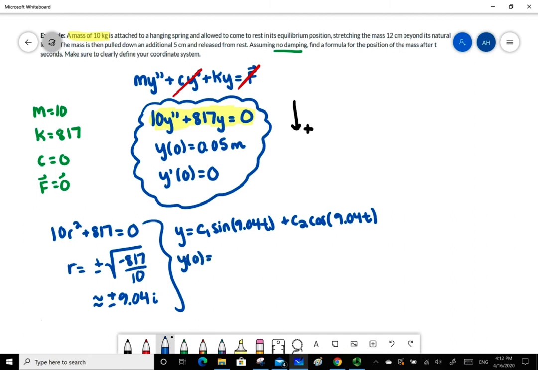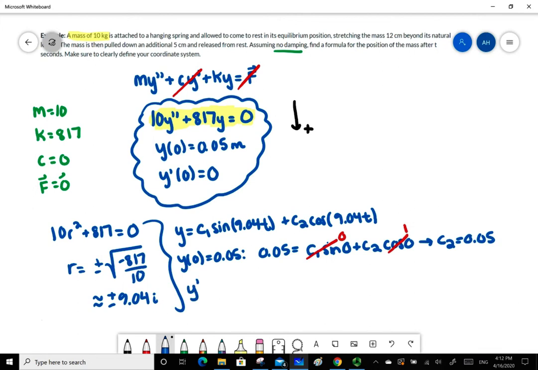y(0) = 0.05, so 0.05 = c1 sin(0) + c2 cos(0). So c2 equals 0.05.